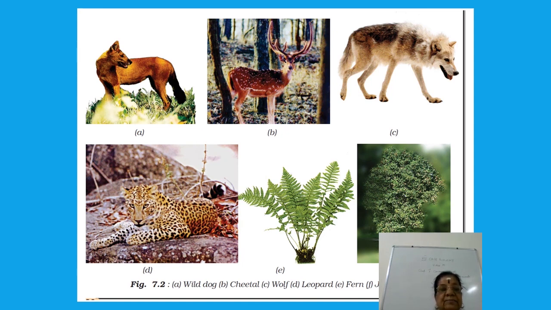I hope you understand. B is cheetah, C is wolf, D is leopard, then fern, jamun. This is our textbook picture. What are the flora and fauna found in the Pachmarhi Biosphere Reserve? Wild dog, cheetal, wolf, leopard, fern and jamun.